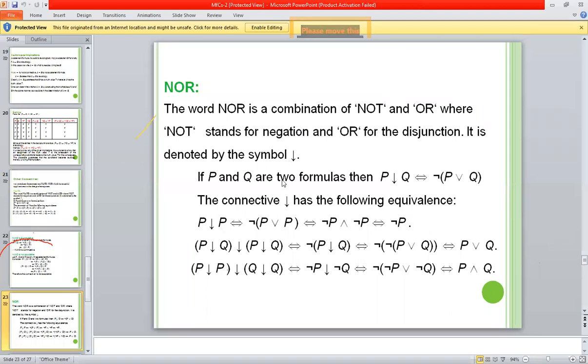The rule of NOR: P NOR Q is equivalent to negation of P or Q. The connective NOR has the following equivalence. P NOR P is equivalent to negation of P or P by the rule of NOR. Applying De Morgan's law, we get negation P and negation P, which is equivalent to negation P by the idempotent law.